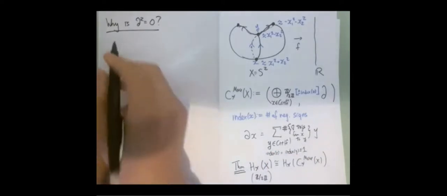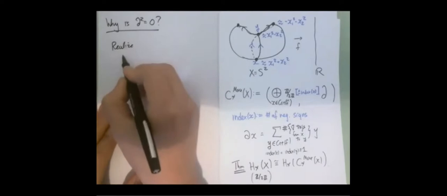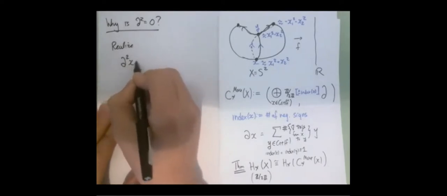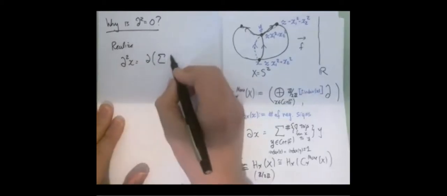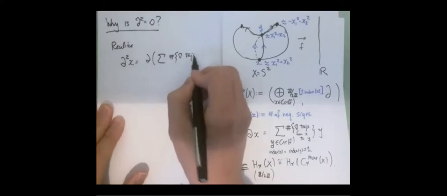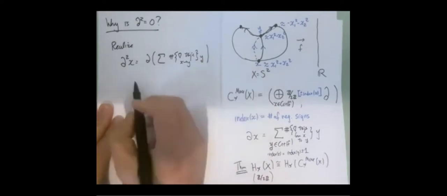It's quite simple. So what we do is we realize, okay, so let's first write out what del squared x is. So it's going to be del of the summation of the number of gradient trajectories from x to y, coefficient y.